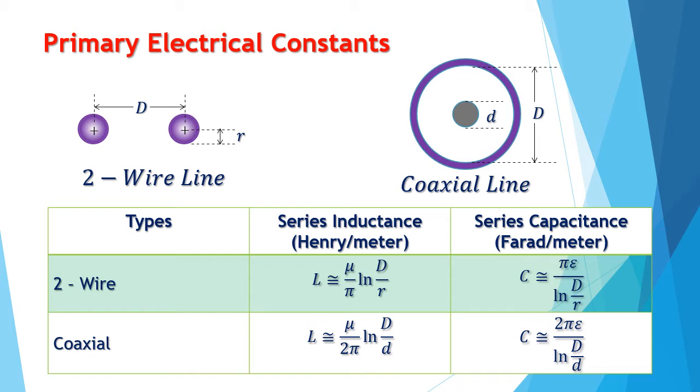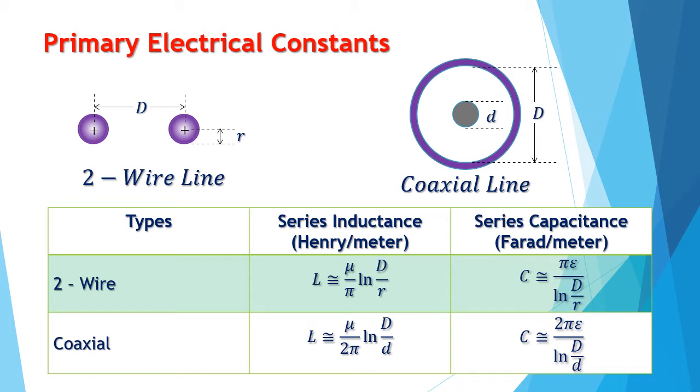So the two wires are going out of the screen, so you can actually see only two circles. Now, the two wires are separated by a distance of capital D, and then the radius of the wire is also given. It is small r. The two lines have the same radius, so we only have one r to represent both their radii.